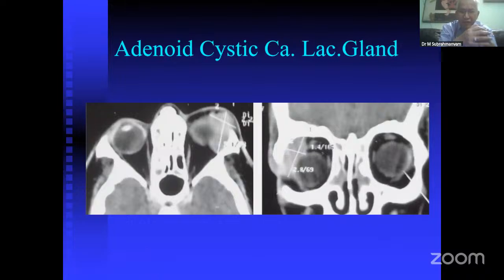It cuts around the globe where it is in contact, it doesn't flatten it. And you can see that the eyeball is pushed down and in, and the space between the orbital margin and the eyeball is very less compared to the opposite side. Similarly, the upper part is much less, showing the displacement of the globe down and in.